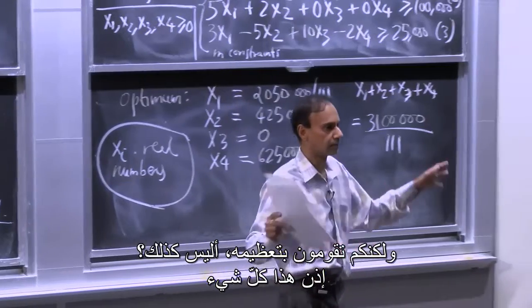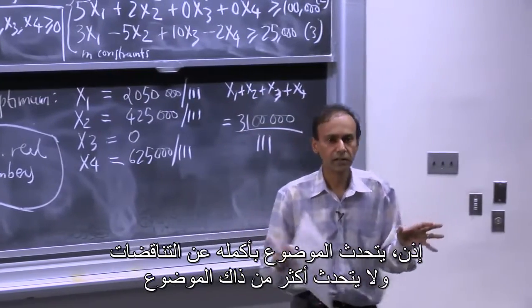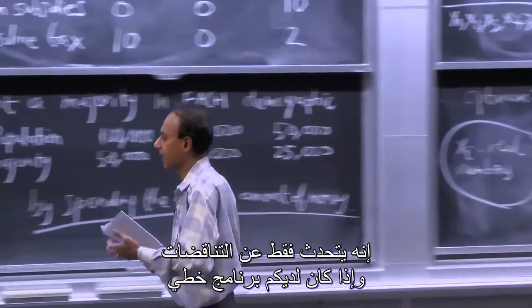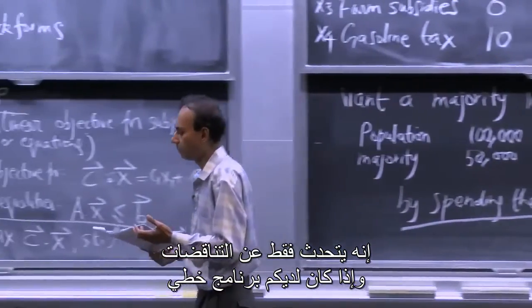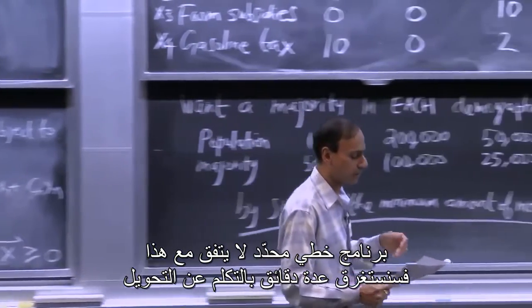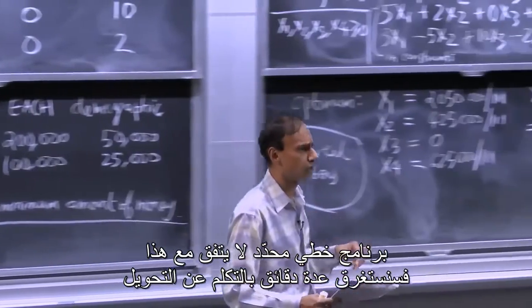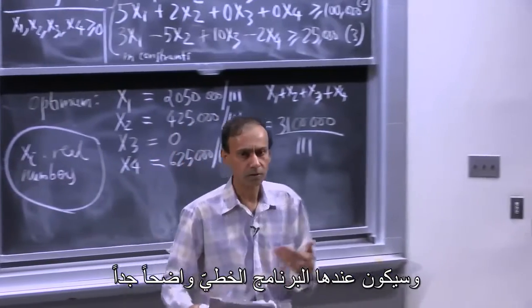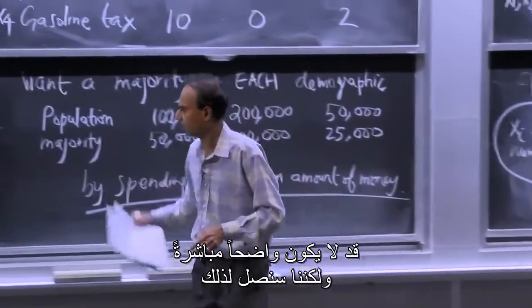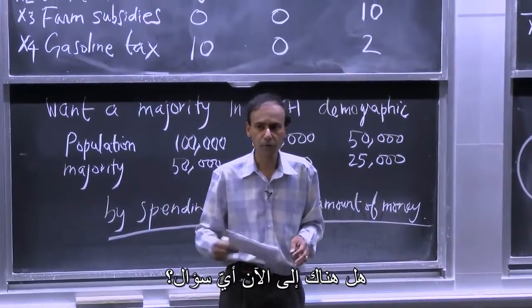So that's it. It's all about polarities, not much more than that. If you get a specific linear program that doesn't conform to this, we'll spend a few minutes talking about conversions, and it's going to be fairly straightforward. May not be immediately obvious, but we'll get to that. Any questions so far?